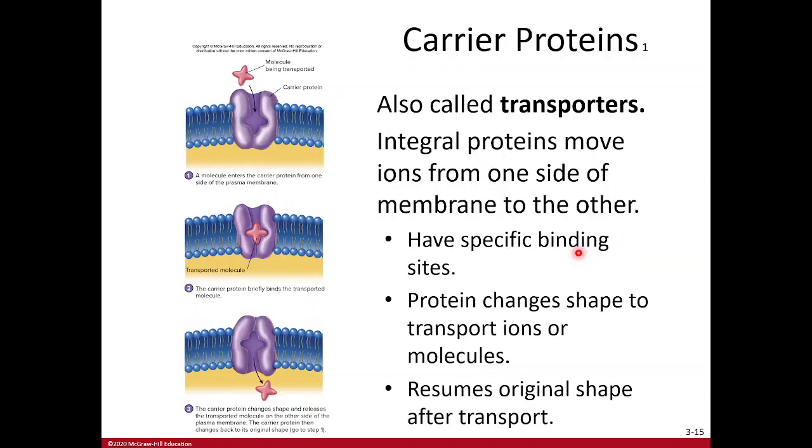Carrier proteins are also known as transporters. They are located in between the inner and the external layers of the plasma membrane, so they are integral proteins, and they have specific binding sites for specific molecules. So not every molecule can be transported by the carrier proteins, only the ones that are specific.